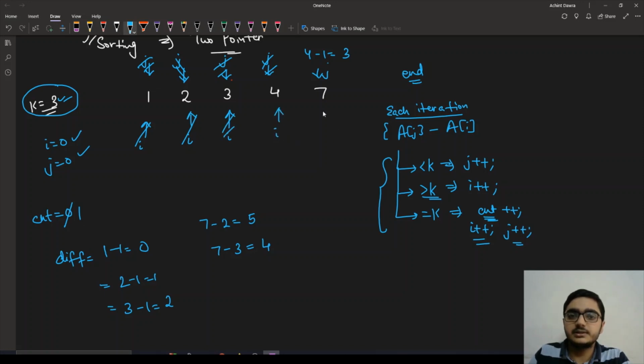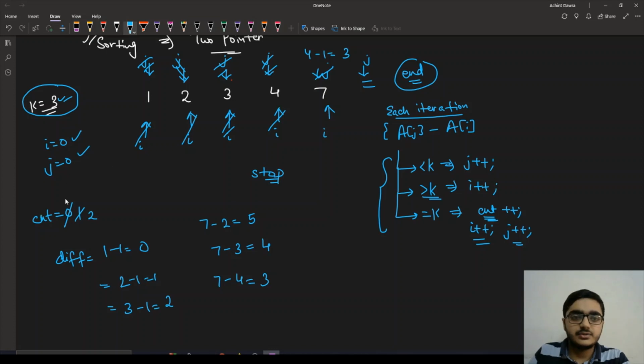Now the difference is 7 minus 4, which is 3, so we again update our count and simultaneously both the pointers. Now j has reached the end of the array, so we stop iterating.